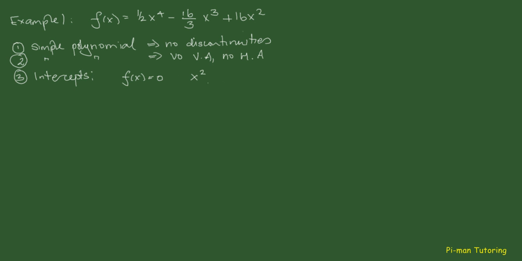X squared over 6 comes out, and that leaves us with 3x squared minus 32x plus 96 inside the bracket. So we can say that this is equal to 0 if x equals 0. Actually, it's a double root because of the square at that location.